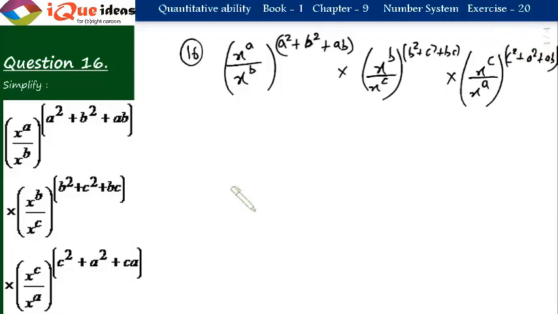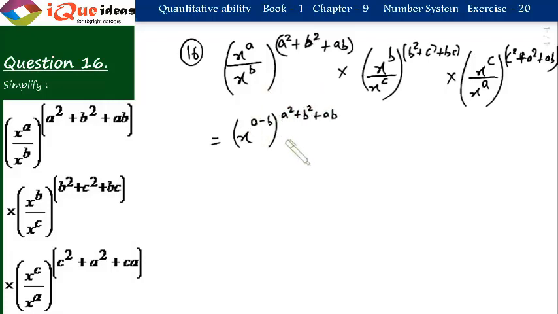Okay, plus ab. Alright, now simplify this. In the first step it will be x raised to the power a minus b whole to the power a square plus b square plus ab.